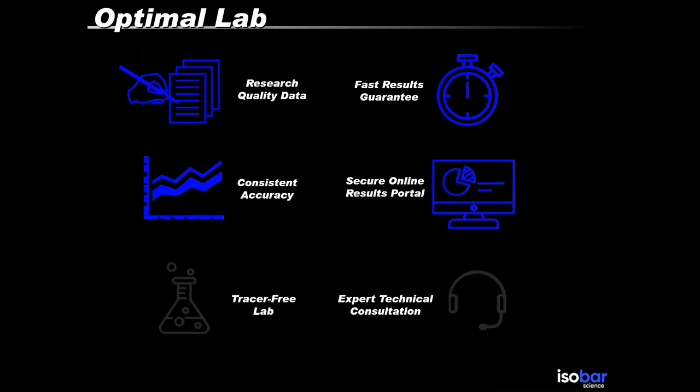You should be able to access your data and monitor the progress in the lab. So whatever lab you choose, look into whether they have an online platform for clients so you can track your sample. At Isobar Science, we do have that. You can see when we logged your sample, when we finished digesting your sample, at what time we finished the column chemistry, and at what time we analyzed and did the data reduction for the results.